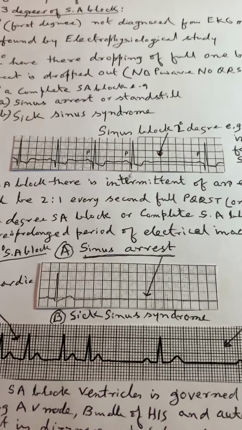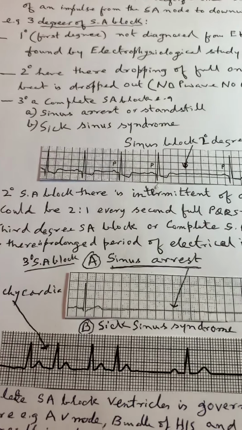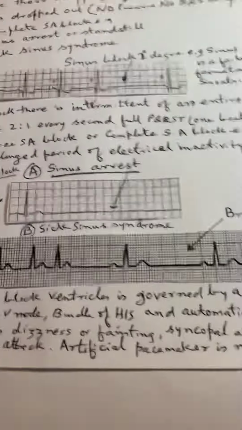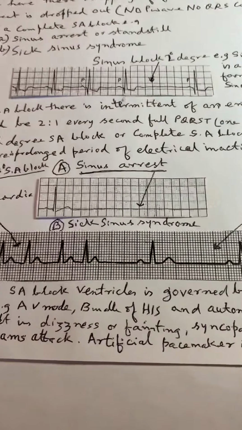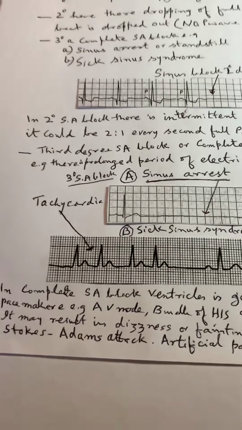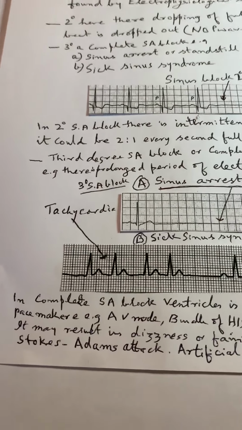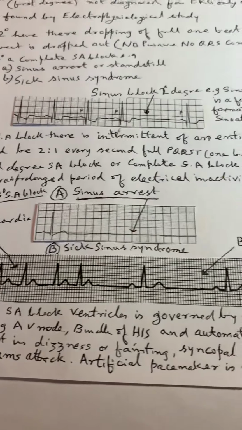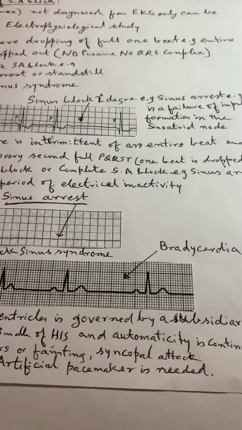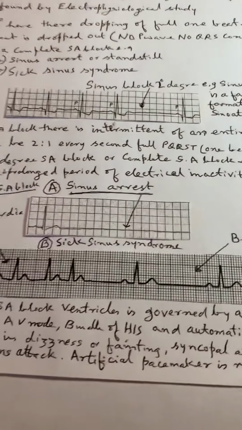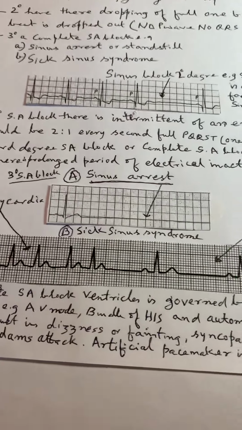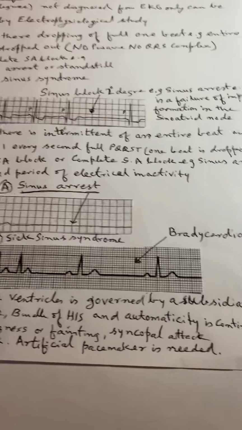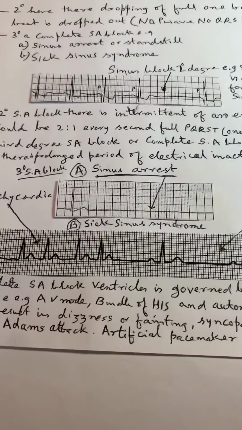This is generally because of degeneration of the SA node. Looking at the handwritten note, in complete SA block the ventricle is governed by the subsidiary pacemakers, that is the AV node and the bundle of His, and the automaticity will continue if the SA node is gone.